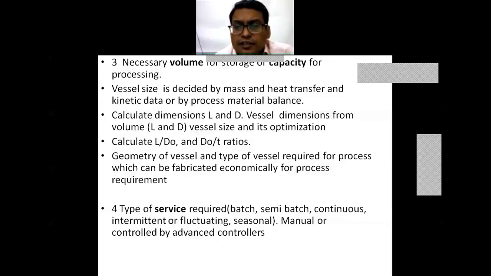Then the geometry of the vessel and the type of vessel required for the process, which can be fabricated economically for process requirements. So what must be the shape, and how it is to be fabricated.